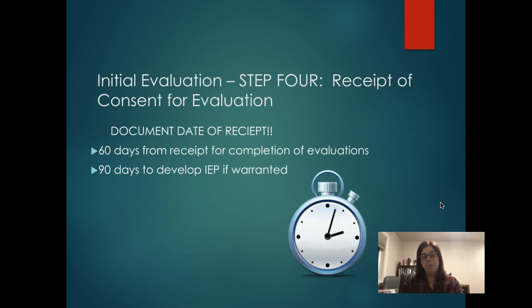So it's really important to document your date of receipt of the consent for evaluation. Because IDEA has very specific timelines for completion of evaluations and developing the IEP. It's 60 days from receipt of consent for completion of the evaluations and 90 days to develop the IEP if it's deemed warranted based on the evaluations.